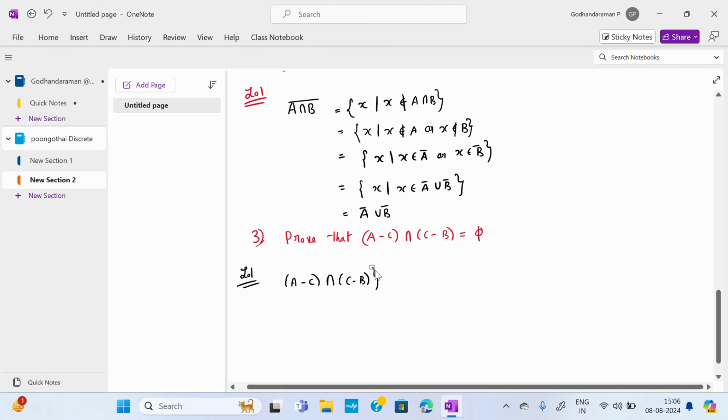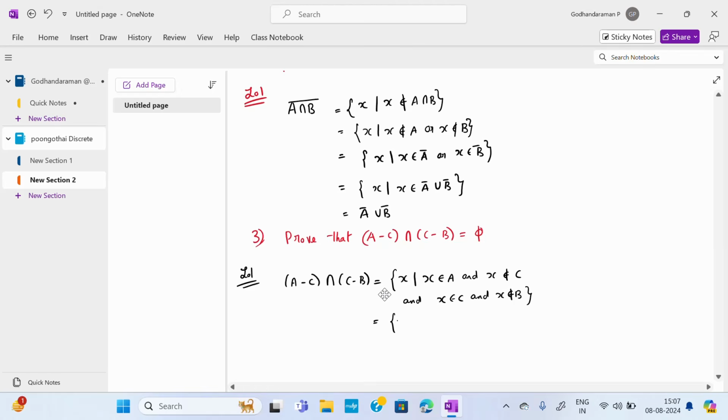It is equal to the set of all x such that x belongs to A, and A minus C means x does not belong to C, and x belongs to C and x does not belong to B. This is the difference statement I have written.